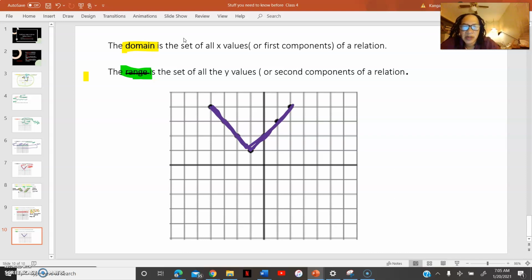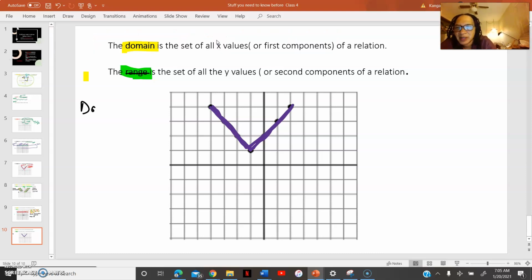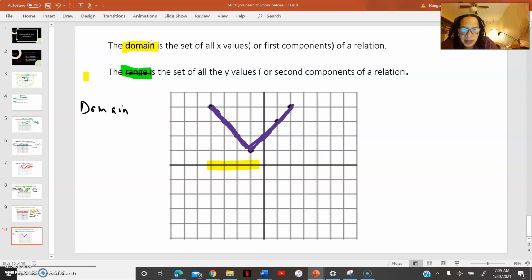So what's the domain? The domain is all of the x values. Well, if I look at this purple line, there's an awful lot of x values. And this you might not understand now, but I'm going to put it out there, and then we'll talk about it more in class. The domain for this function are all of the x values from here to here.